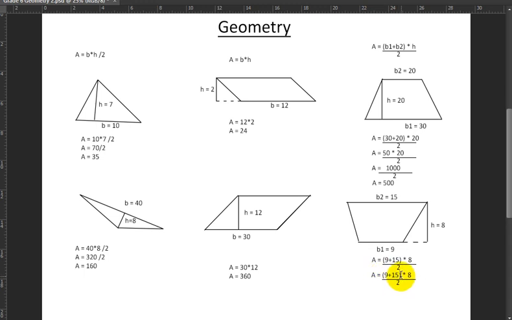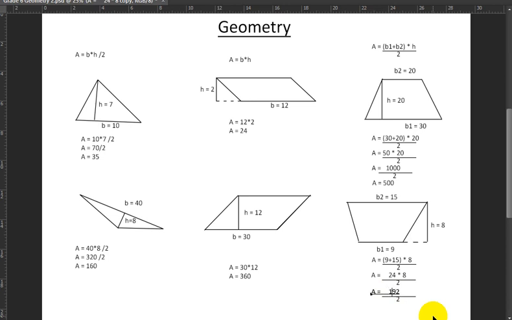Nine plus 15 is going to make 24. So now we're going to need to do 24 times 8. Okay, let's think about this. 24 times 8 is going to give me a 2, and then in front of the 2, we're going to get 19.